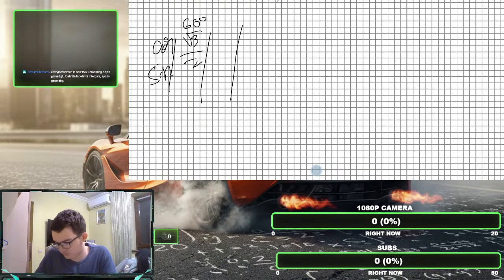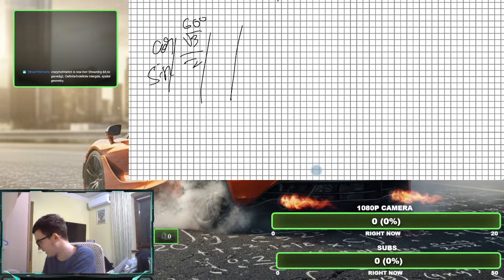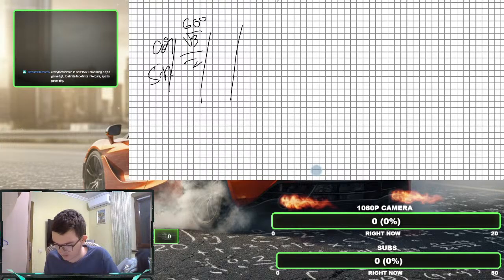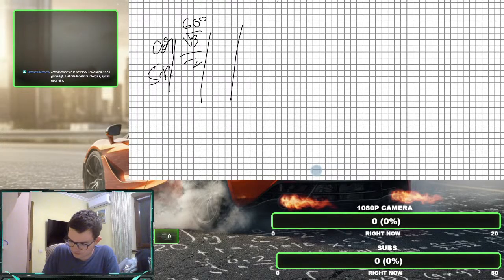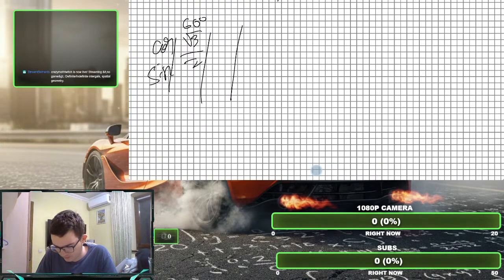How to do the table of trigonometry values by yourself, so you don't have to memorize. Well, that's self-explanatory.